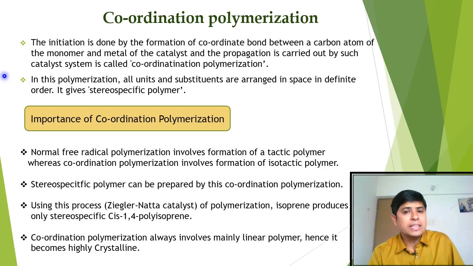Initiation is done by the formation of a coordinate bond between the carbon atom of the monomer and the metal of the catalyst, and propagation carried out by such a catalyst system is called coordination polymerization.